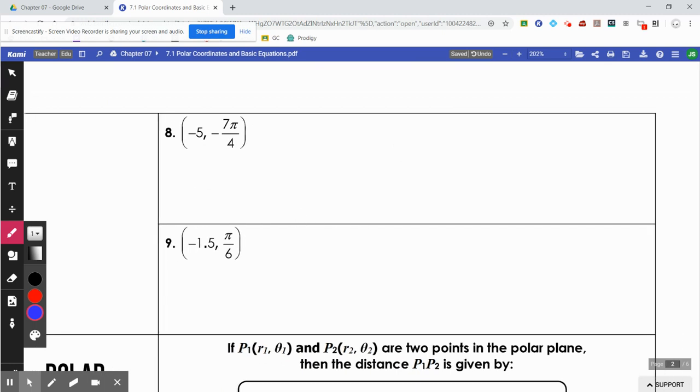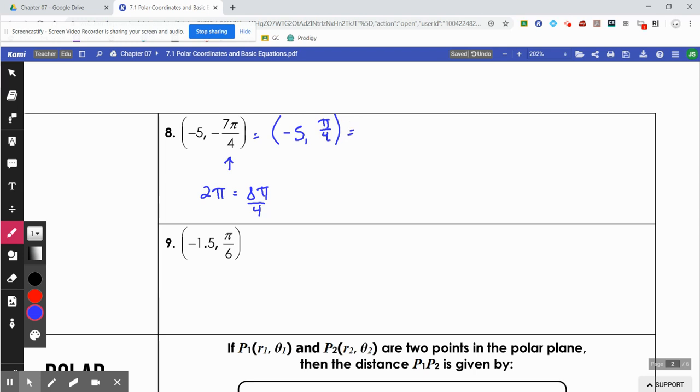Number 8, let's do it again. The full rotation here, 2 pi, that we're going to add on is the same thing. Common denominator would be 8 pi over 4. So this point in your polar coordinate plane would be -5 and then add on a rotation, which gives you pi over 4. They end up in the same place.